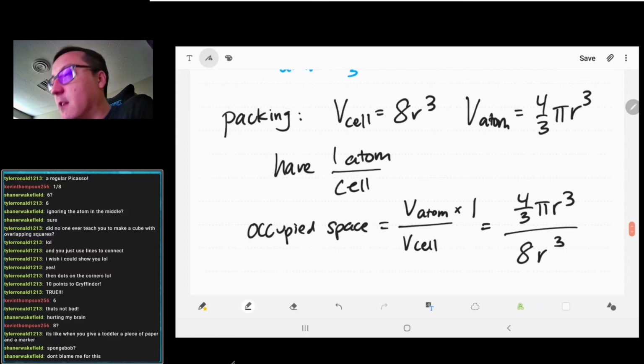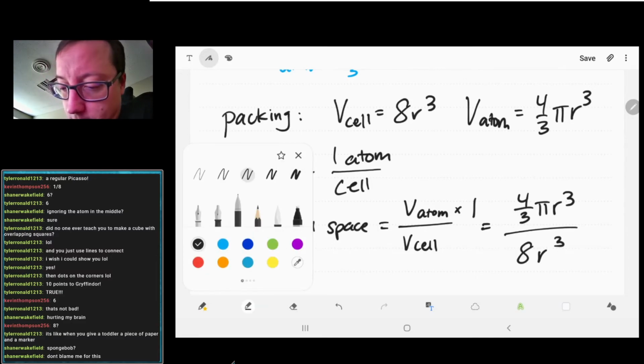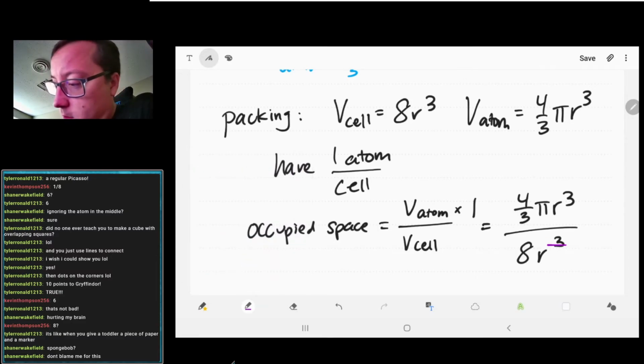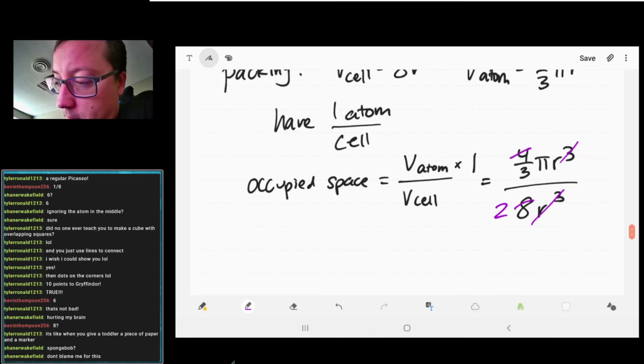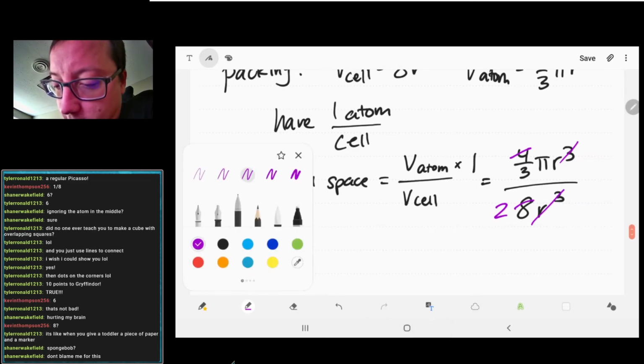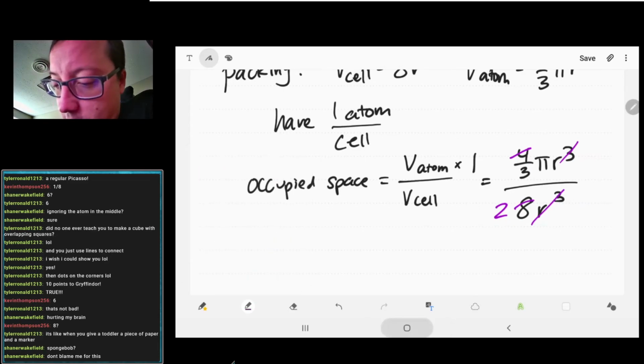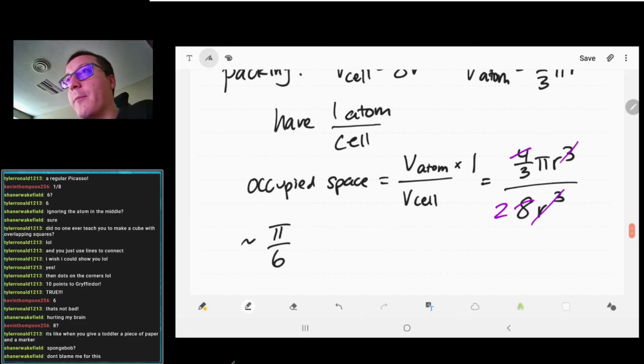So plugging these in, r cubed, of course, cancels out. I guess 4 kind of cancels out. So this becomes... Wait, can I do that? Yeah, that works. So that becomes a packing ratio of pi over 6, right?